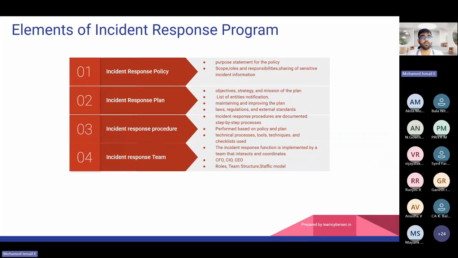If you don't have a plan or a procedure, and your staff are not trained in how to implement incident response during an incident, it would be a major disaster. So again, the policy, plan, procedure and team are planned well in advance. As we develop a security incident response program, these are the elements that must be present.